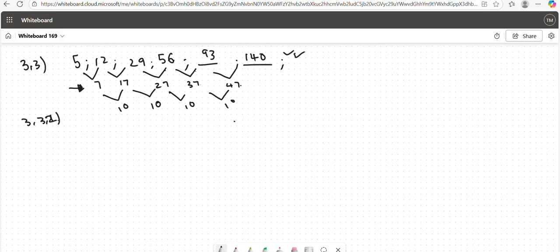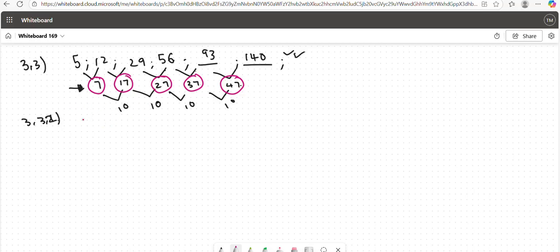And just by the looks of it, you don't really need to do much calculation: it's a 7, a 17, a 27, a 37, and if you keep adding a 10, there's never going to be an even number, because you started with an odd and you keep adding a 10, and the 10 just keeps producing more and more odd numbers.